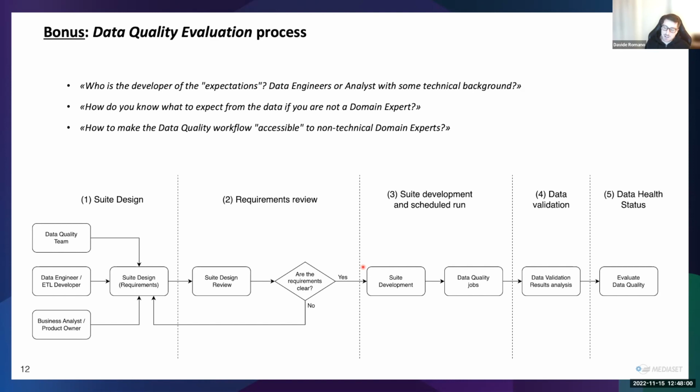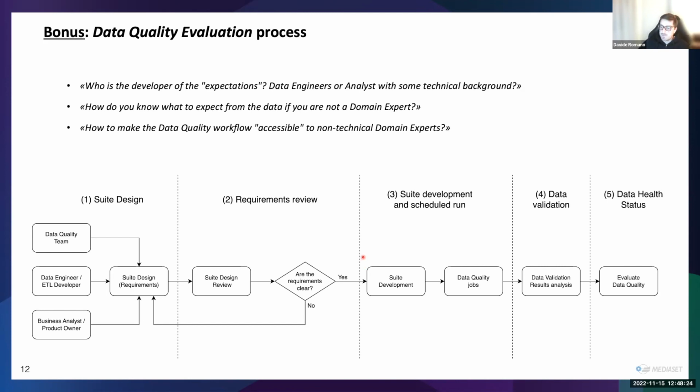So inside the document are listed all the information and all the requirements that a domain expert knows and expects from the data. And it was also reviewed by a Great Expectations expert, so someone who is able to break down an expectation suite.